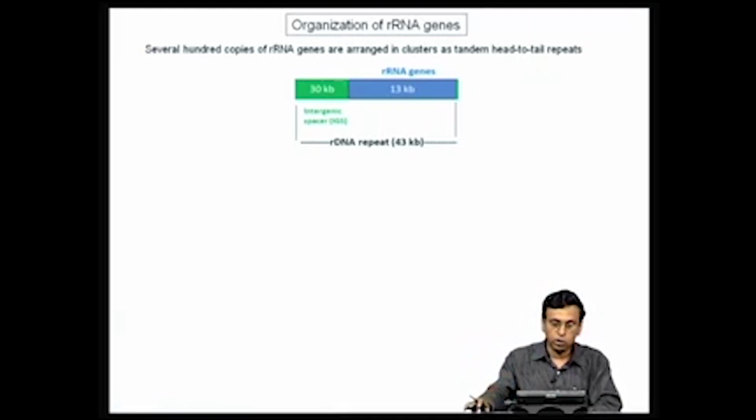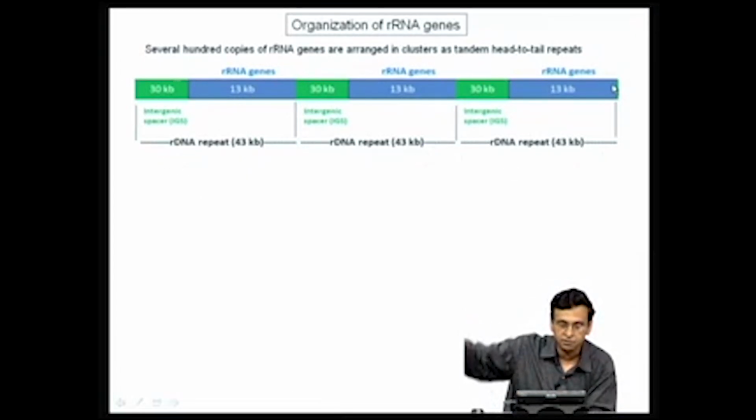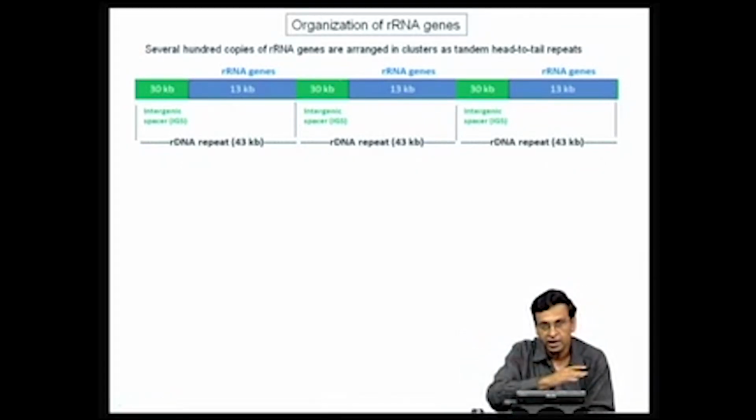What I have shown in this cartoon is how these rDNA clusters are arranged. You can see this green and blue together represents one rDNA repeat, which is about 43 kilobases long, and such rDNA repeats are arranged in a head to tail fashion in the genome. Several hundred copies of such rDNA units are present at a given stretch inside the genome, and they are all transcribed within the nucleolus.